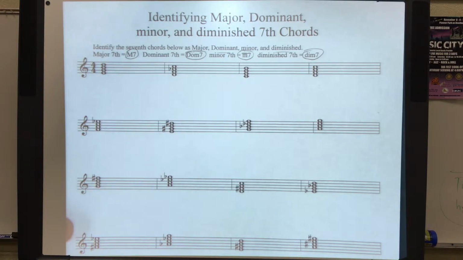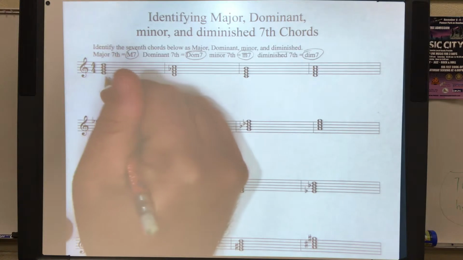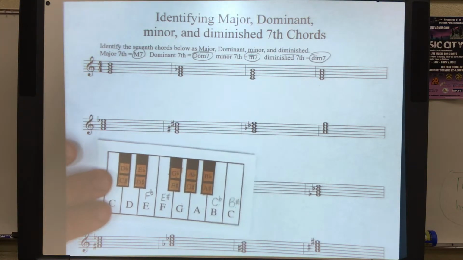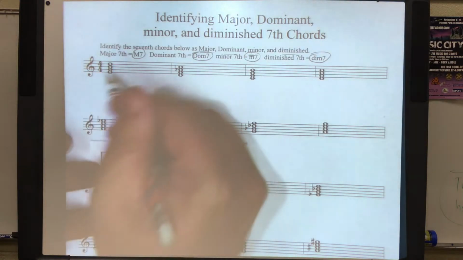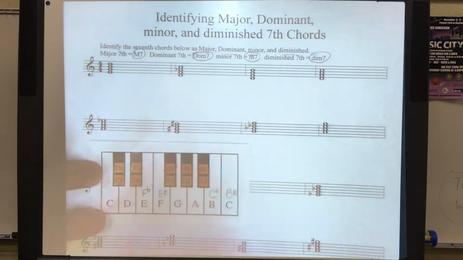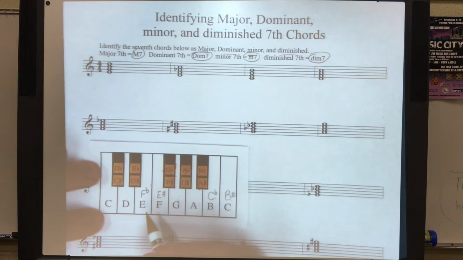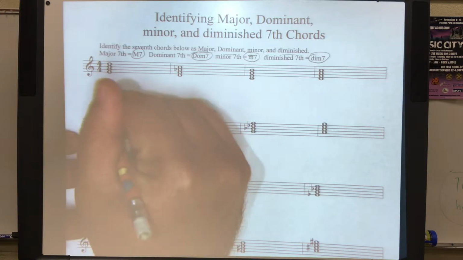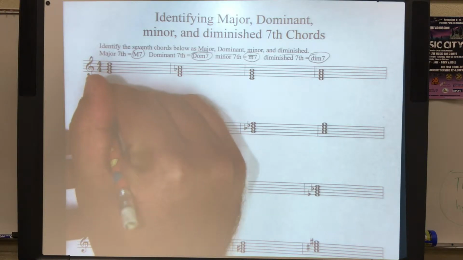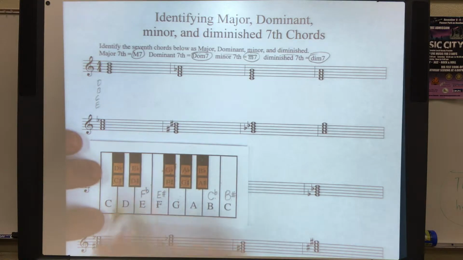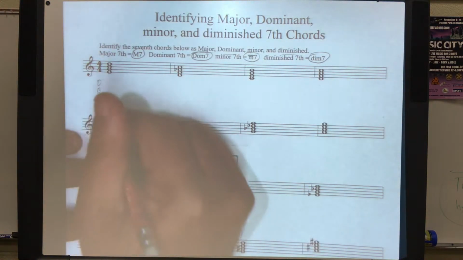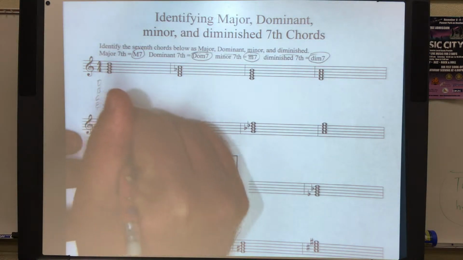Let's do the first 8. This one we're going to use our keyboard. We have E, G, B, D. Let's count the half steps, and what I'd like you to do is write the notes out. E, G, B, D. First we're going to write however many half steps we've got. This is the root, obviously.